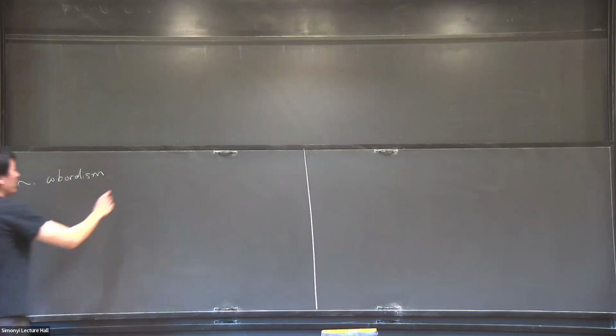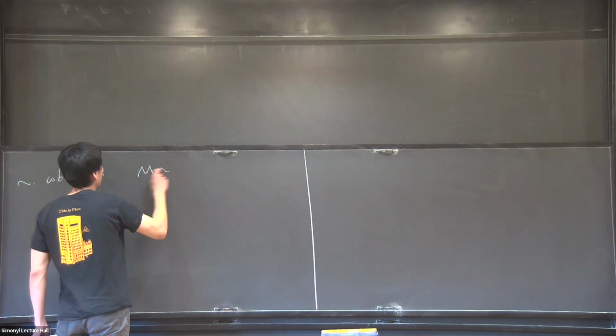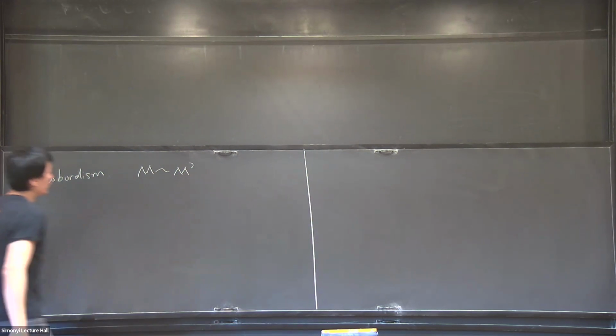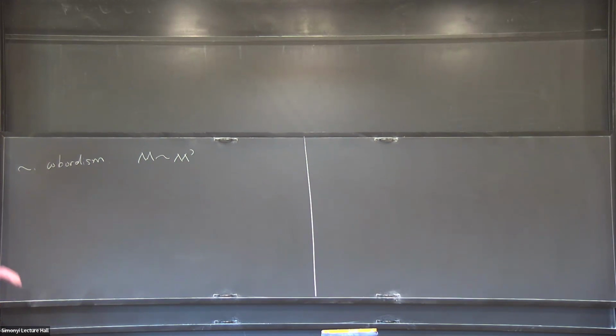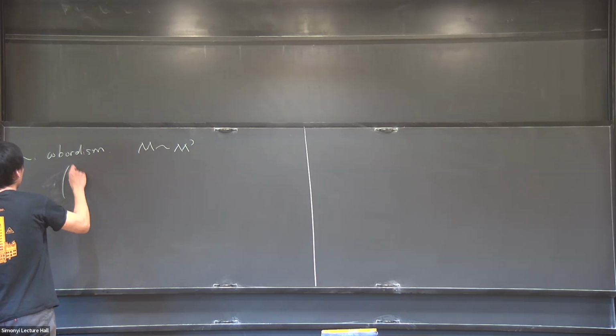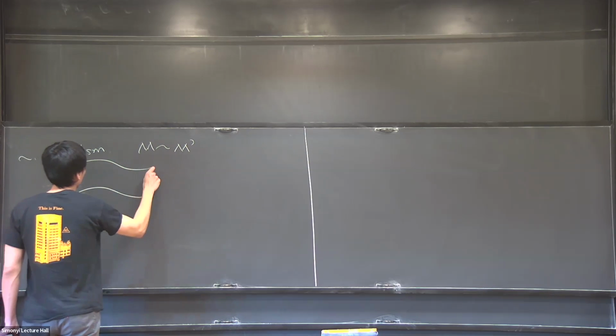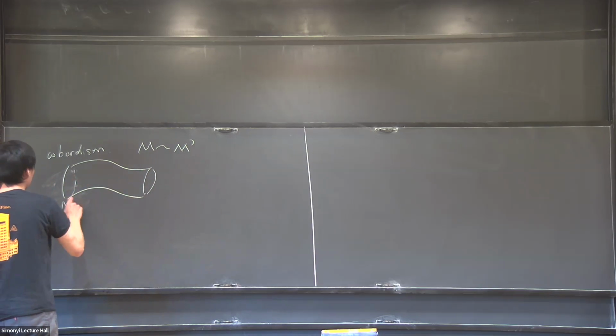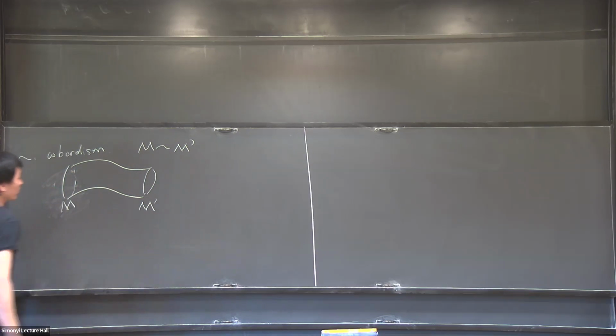So we say these 2 manifolds are cobordant to each other. In other words, this means the following: we can find a manifold with boundary, where the boundary is given by the disjoint union of these 2 manifolds.